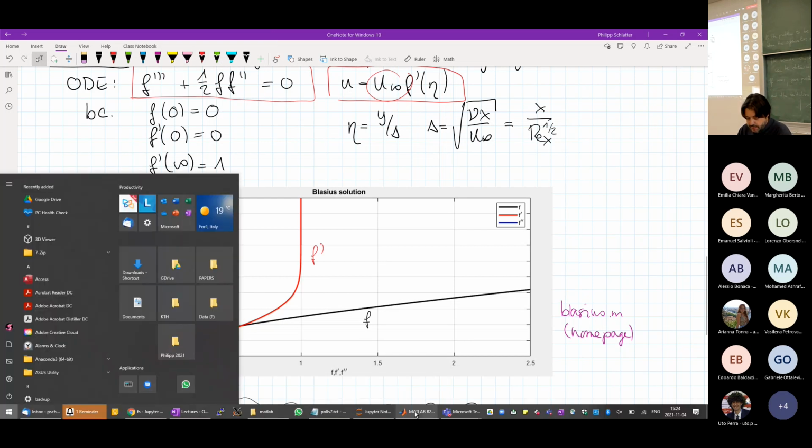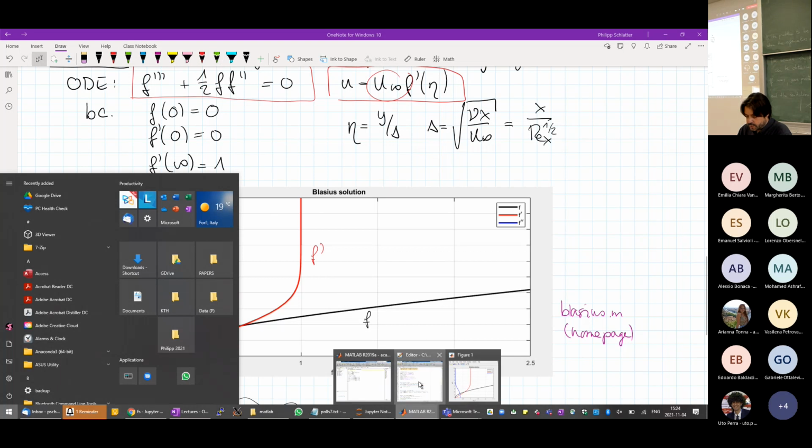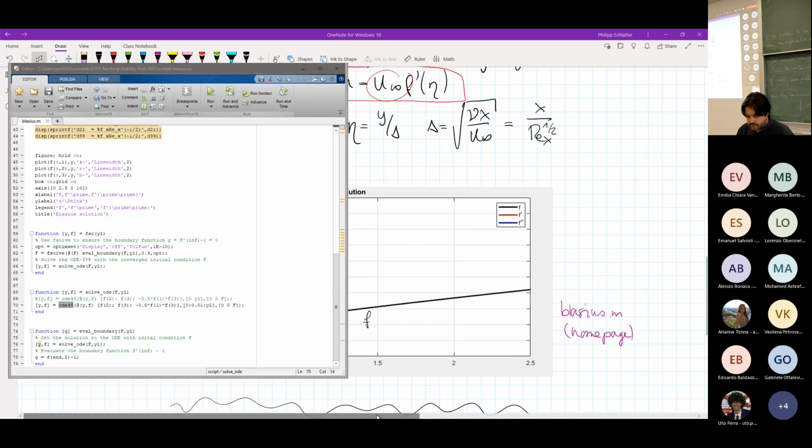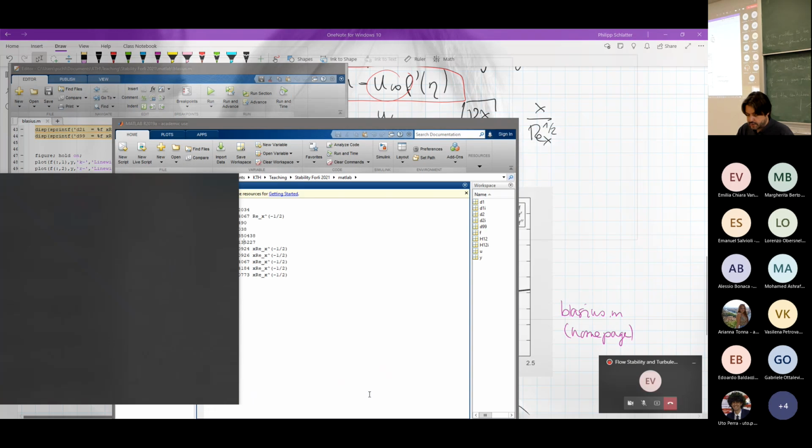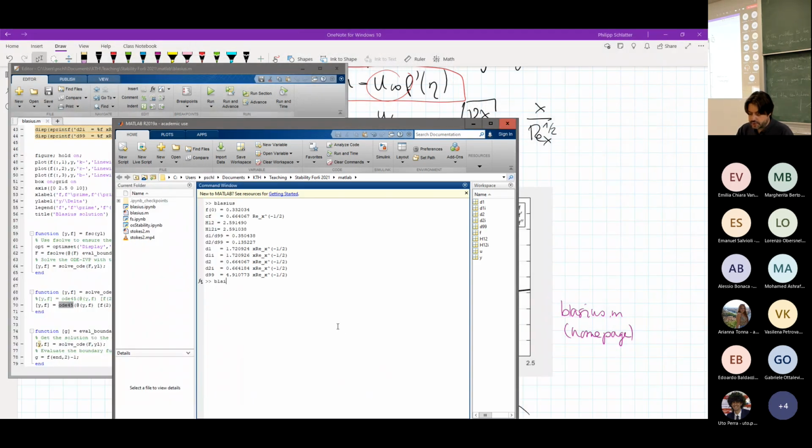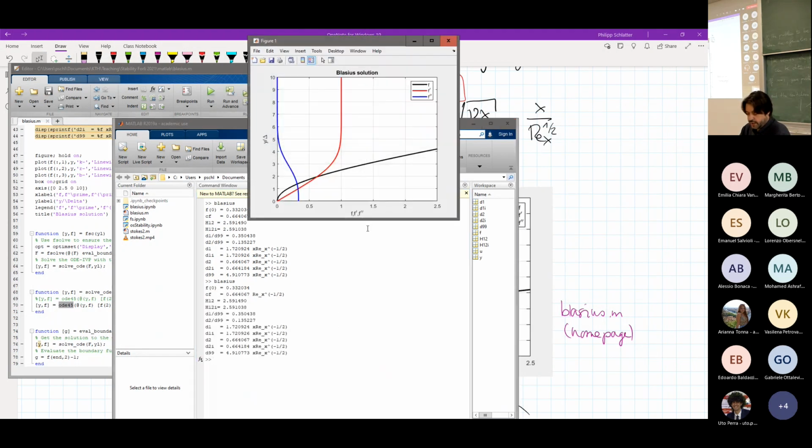When you run this in MATLAB, so go here to the command window, if I just run this, what I will get is my solution here.